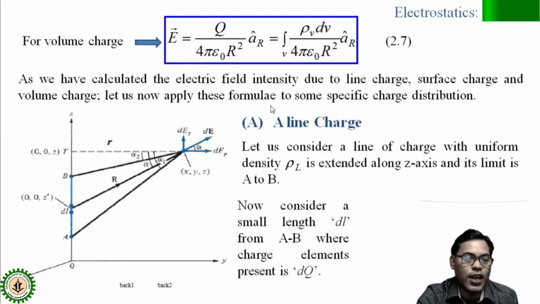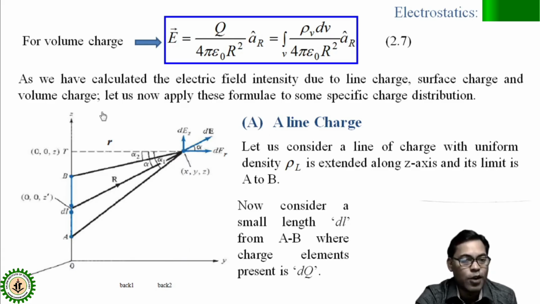If we move A in this direction, then alpha will increase, and if A is at infinite, then A will be parallel to the Z coordinate. So this R and this A will be at 90 degrees. Alpha 1 will be equal to pi by 2.